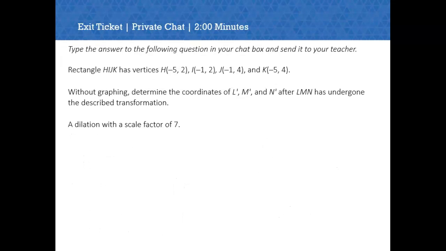Last one, rectangle HIJK has vertices H at (-5, 2), I at (-1, 2), J at (-1, 4), and K at (-5, 4). Without graphing, determine the coordinates after it has undergone a dilation with scale factor of 7. So to show your work, I would just do something that looks similar to this.